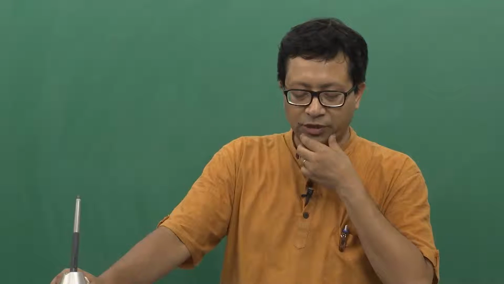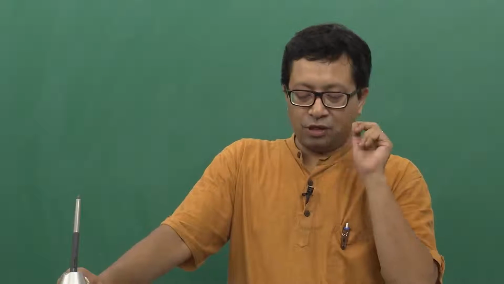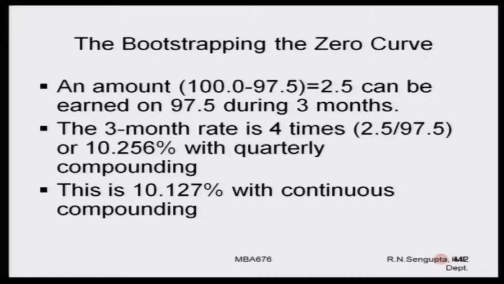For the second one it's $12 paid semi-annually. The prices of the bonds were given based on their actual demand and supply, and the face values are in the first column. For the first bond, for a face value of 100 you are getting 97.5, so 2.5 can be earned out of an investment of 97.5 in 3 months. The 3-month rate converted into a yearly one is 4 times 2.5 divided by 97.5.